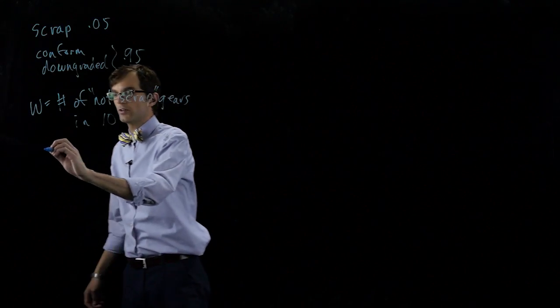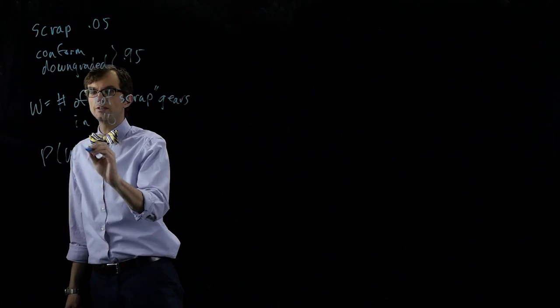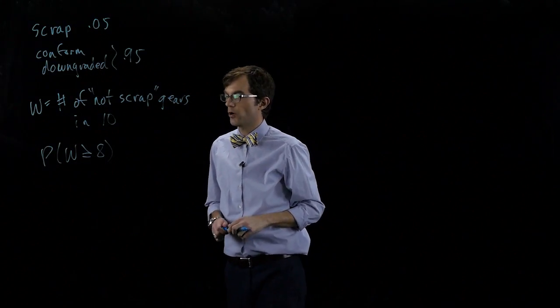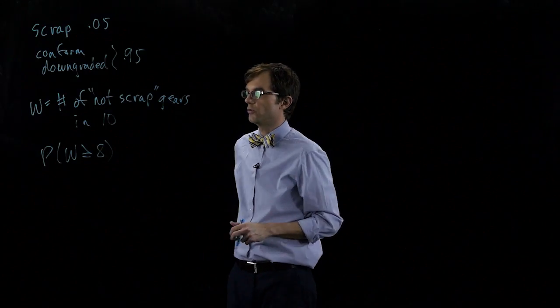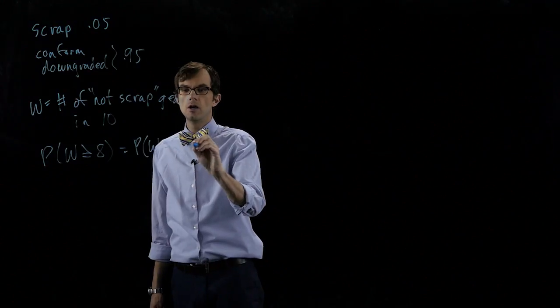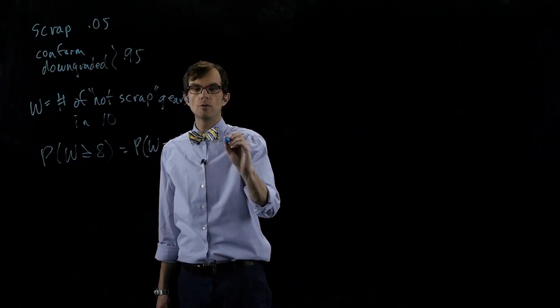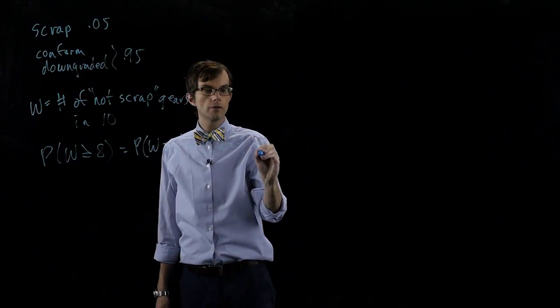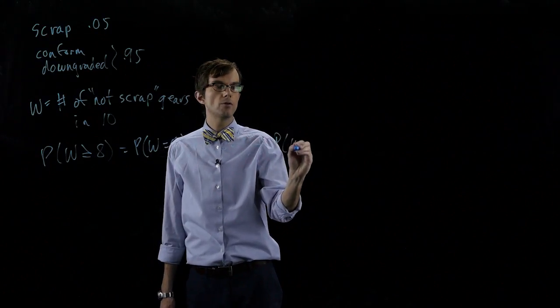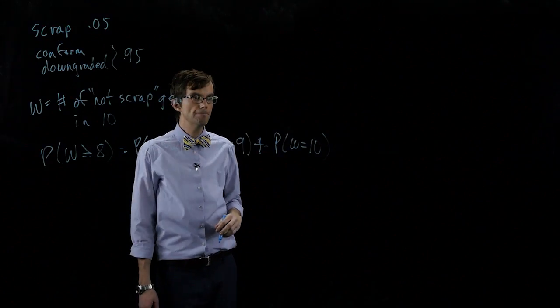And we want the probability that 8 or more are not scrap. So what's the probability that W is greater than or equal to 8? Well, that's the probability that W equals 8, or W equals 9, or W equals 10.